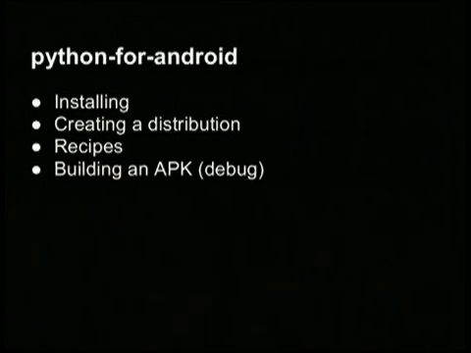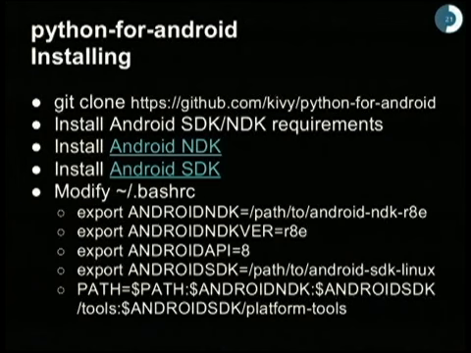So Python for Android is the Kivy project that lets you turn your Kivy app into an APK. We're going to go over installing, creating what are called recipes, and then we're going to actually build an APK. Installing is not the simplest, mostly because Android development is not the easiest to get going in the first place. You need both the native development kit and the software development kit, as well as the Python for Android project, and a few other things too.